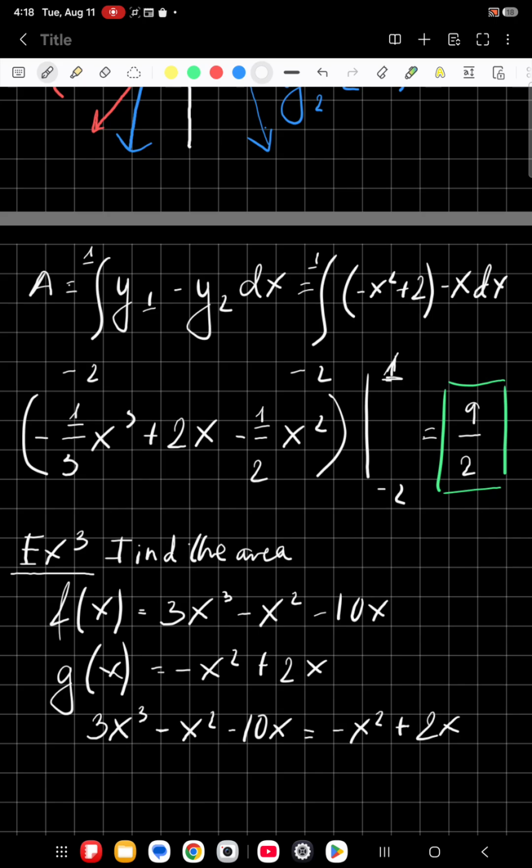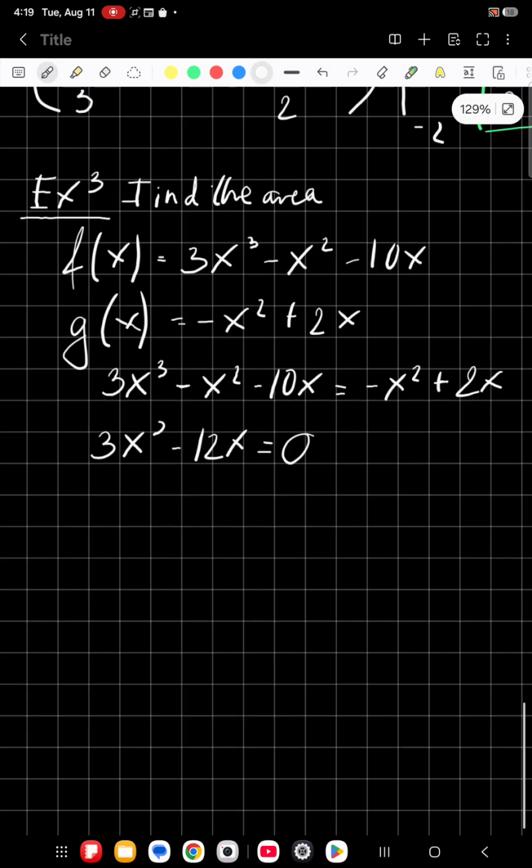We move things around, simplify, cancel, combine like terms, and we get 3x cubed minus 12x equals 0. That's the final equation I have.